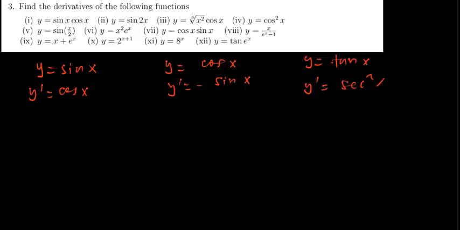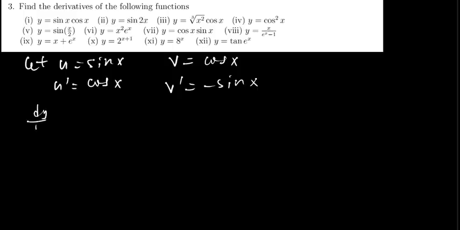Then if you have got y is equal to cos x, the derivative of cos x is negative sine x. If you have got y is equal to tan x, the derivative of tan x is sec squared x. Now looking at that, we can go ahead and now start differentiating.